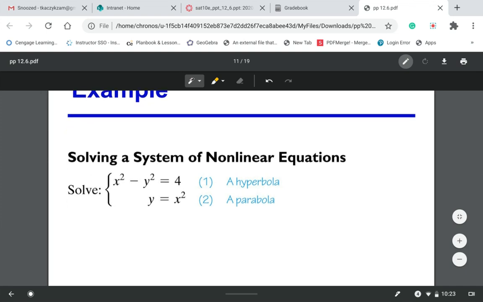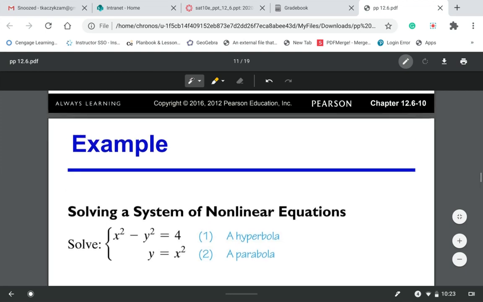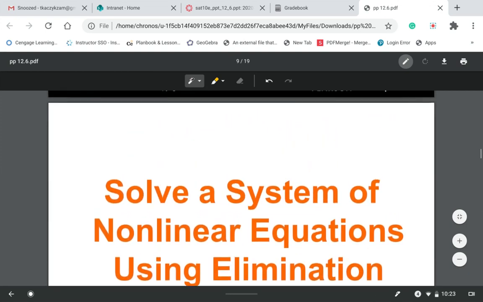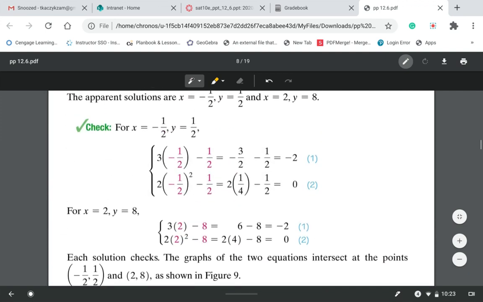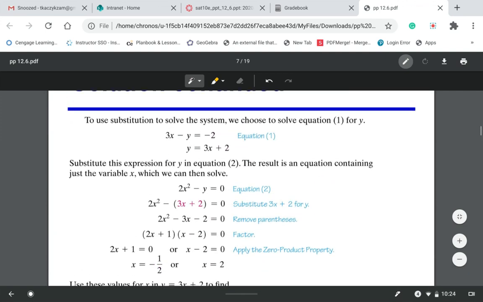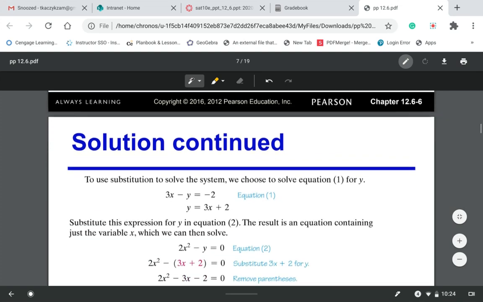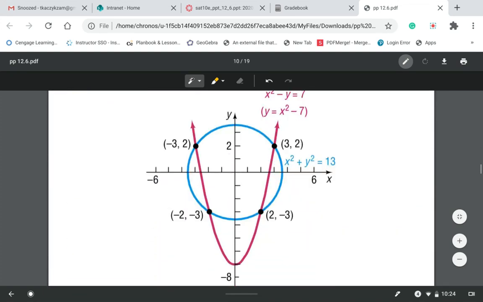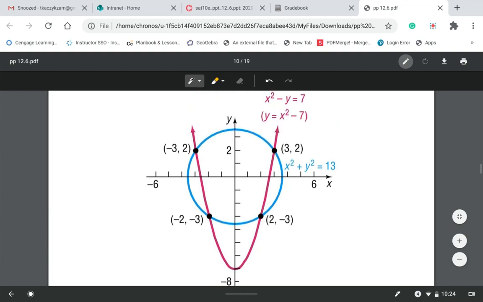As you see, the first equation is x squared minus y squared equal 4. It's a hyperbola. Okay, so that's the equation of a hyperbola. Hold on, did I skip any problem? I just want to make sure that I didn't skip anything. No, we're good. I'm sorry, this is just a figure.